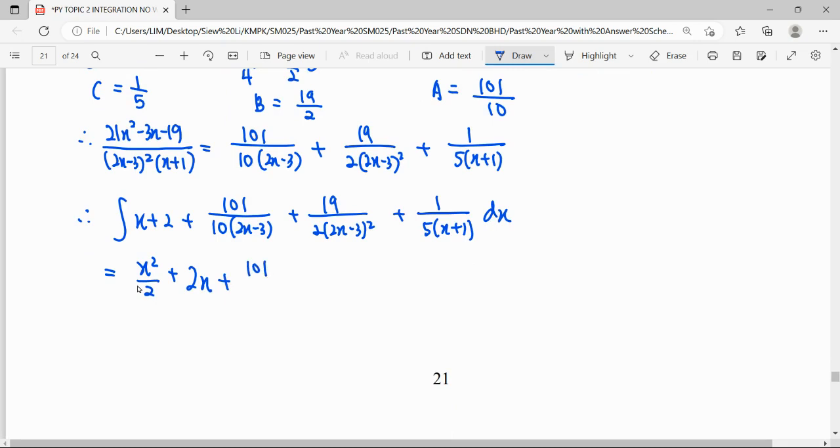So for this 101 over 10, we factorize it out. Integrate 1 over the fraction, so it will be ln, divided by the coefficient of this, which is 2. Plus, to integrate this, it will be equivalent to 19 over 2.